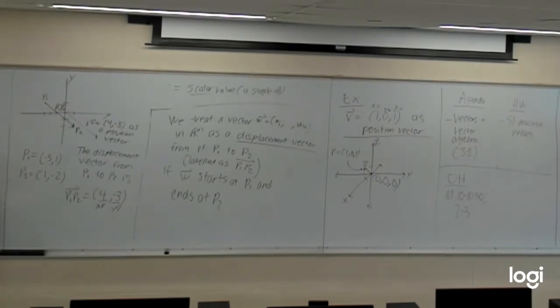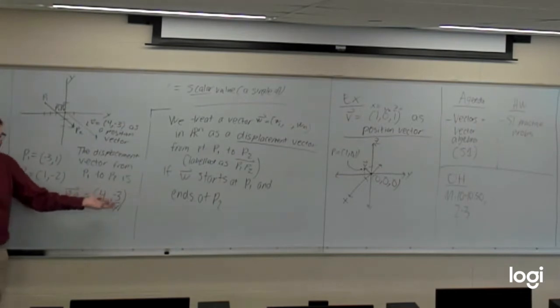If you're trying to look at (4, -3) as a position vector versus as a displacement vector from P1 to P2, how do those two vectors look? How do they compare visually?